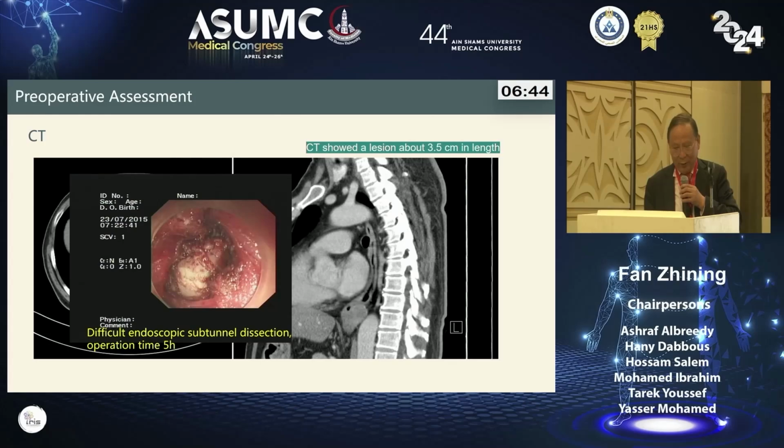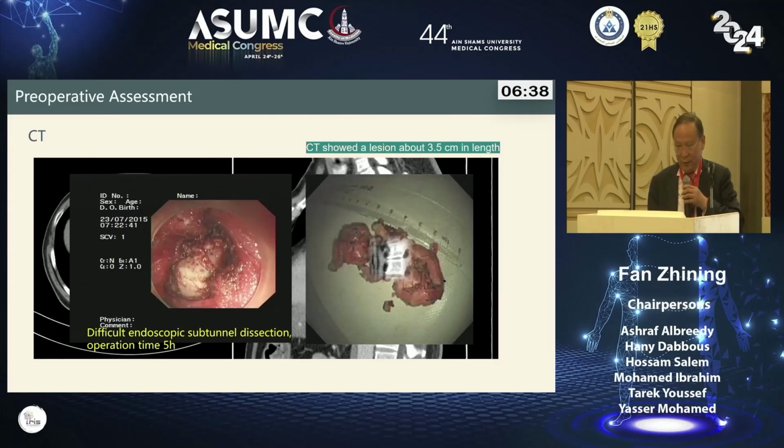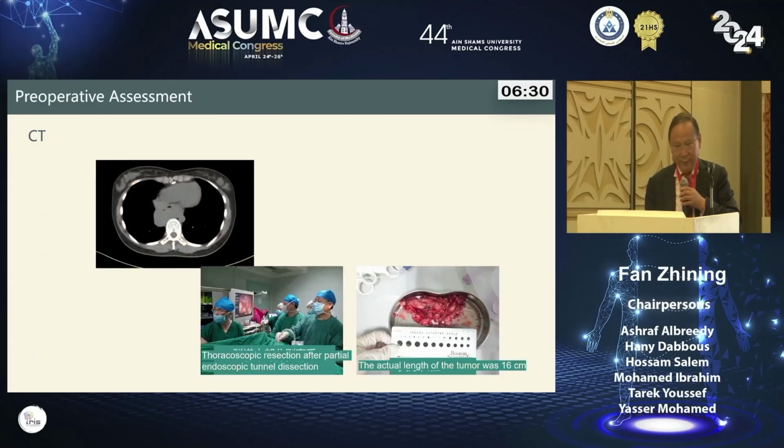Difficult dissection, the operation took 5 hours. The long diameter of the tumor was 8 centimeters.